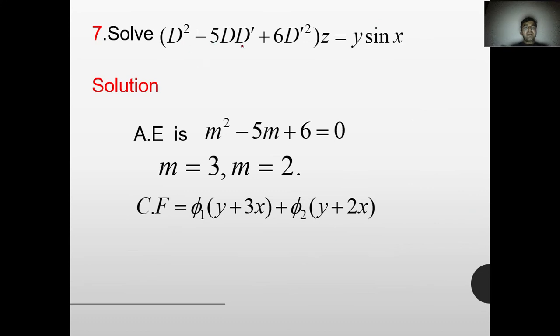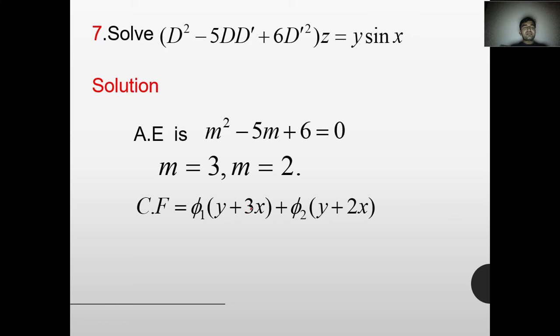The auxiliary equation is m square minus 5m plus 6 is equal to 0. Find the roots of the auxiliary equation. m is equal to 3 and m is equal to 2. So the complementary function is equal to phi 1 of y plus mx, m is equal to 3, and phi 2 of y plus mx, m is equal to 2.